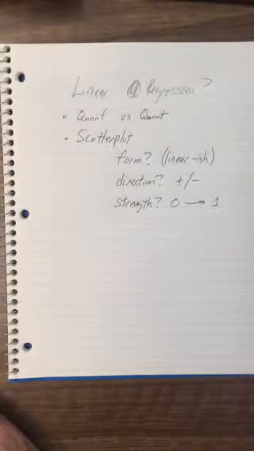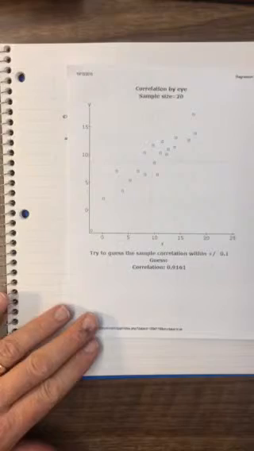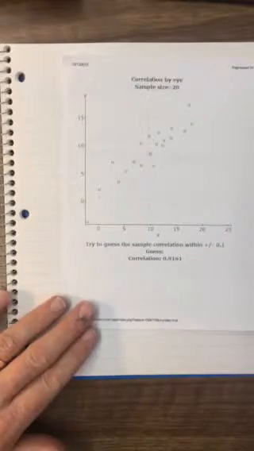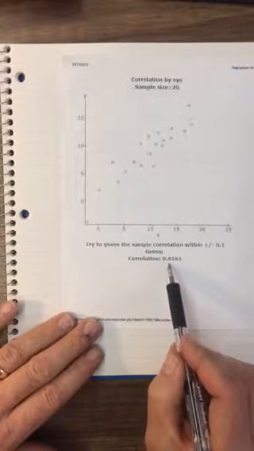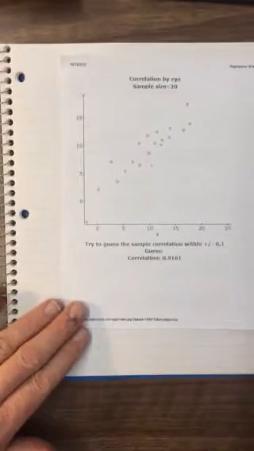So if we go back to these two that we looked at before, we might look at this one and say that's a pretty strong association. And in fact, we then calculate the correlation to be something very close to 1. You'll notice this one's 0.916. That's pretty good.